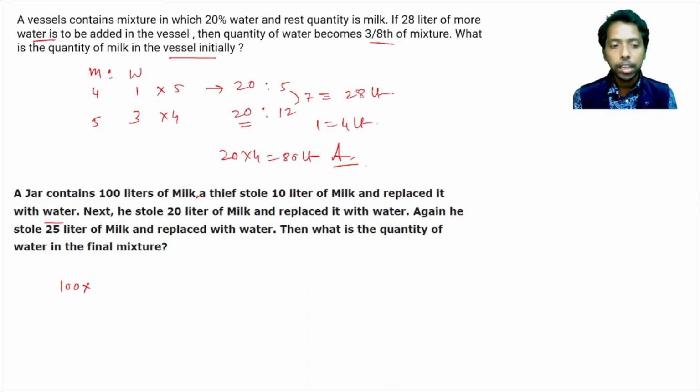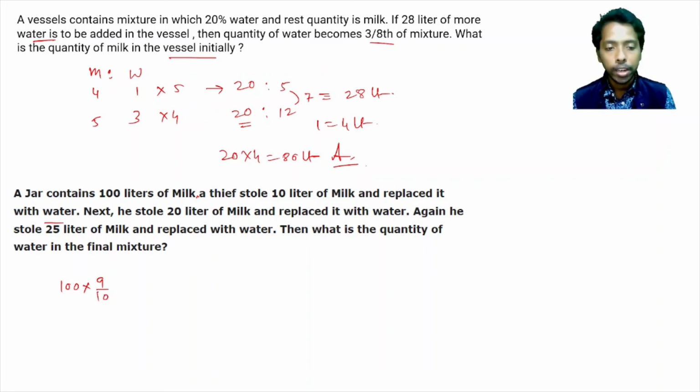I am repeating my words: if something is getting replaced by something, then the concentration of the remaining part in the mixture would get changed. That means if 10 liters of milk is taken out and replaced with water, the concentration of milk gets changed. That means 90%, 9 by 10.